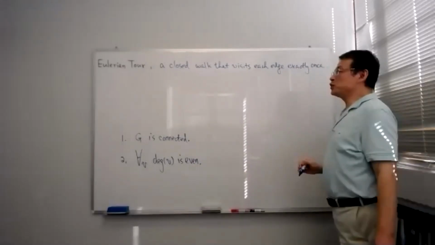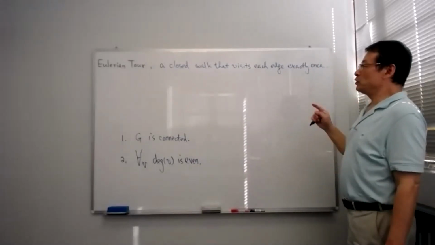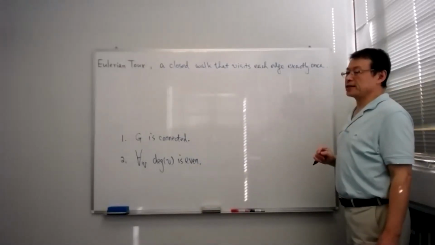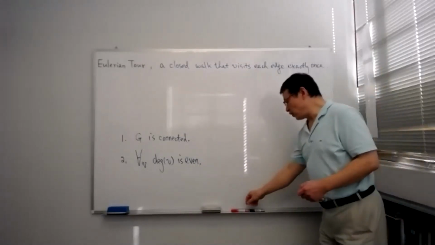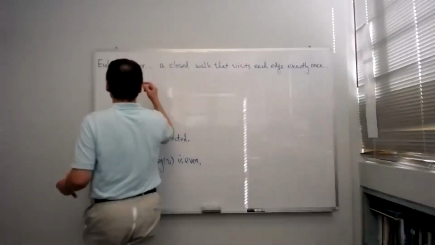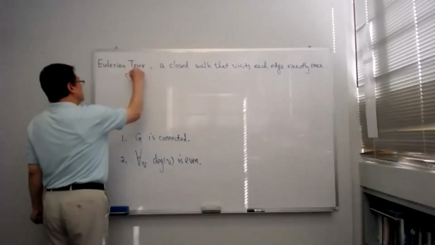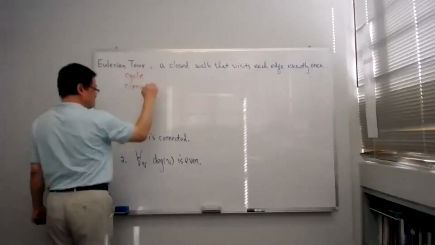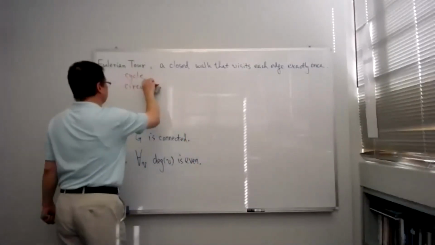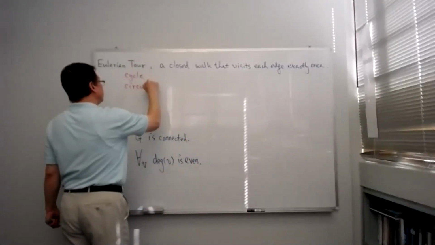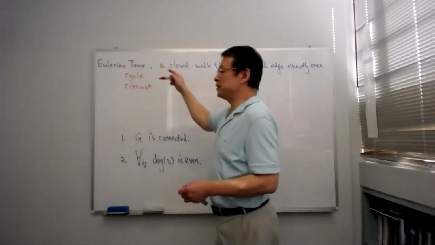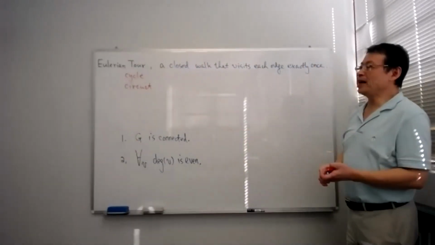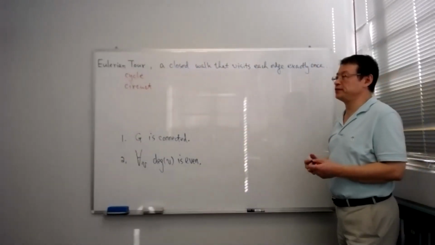An Euler tour in a graph is a closed walk that visits each edge exactly once. There are other names for Euler tour. It's called Euler cycle or Euler circuit. So you may see other names referring to the same thing. And a graph containing an Euler tour is called an Eulerian graph.